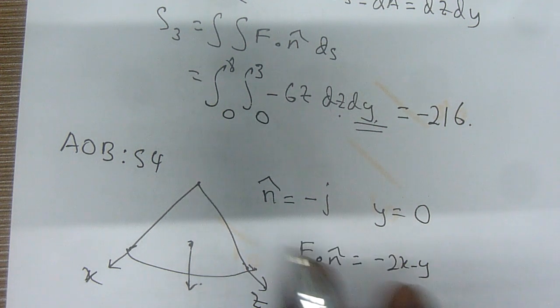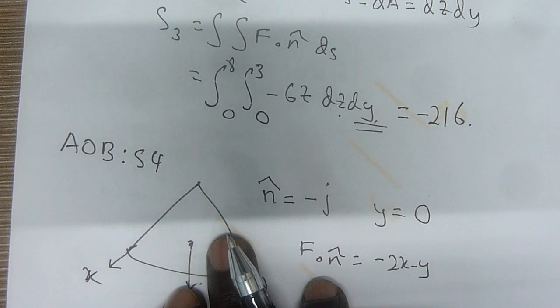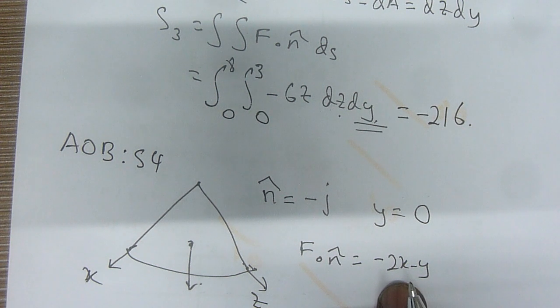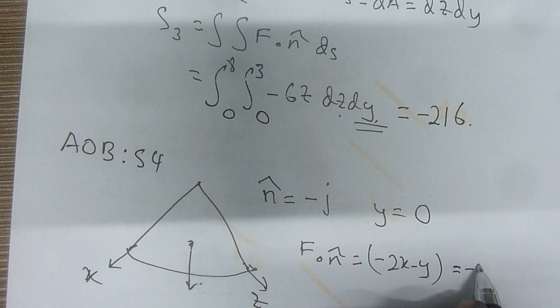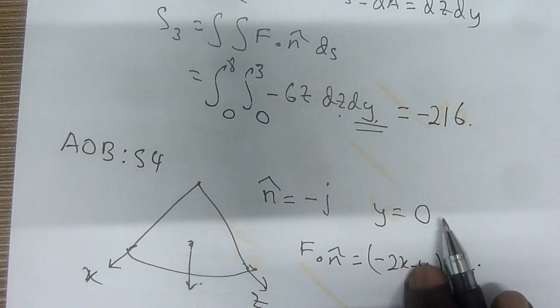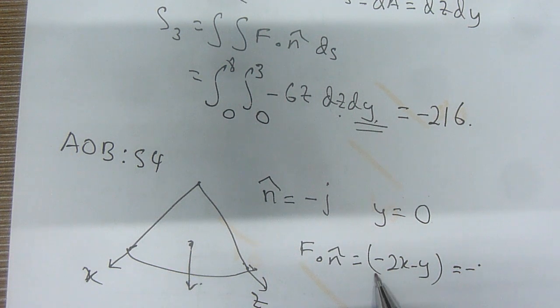Because it's a negative j times the 2x plus y, you get this. Combined together, you get a negative x. I don't touch this at this moment. Then y we know is 0, so now it is 2x alone. Okay, stop here. Now what about dS?